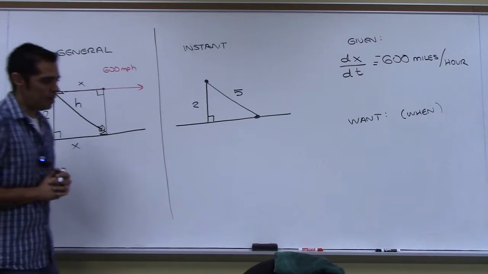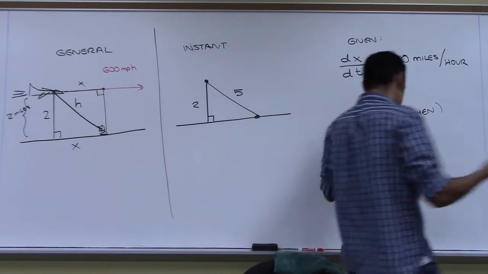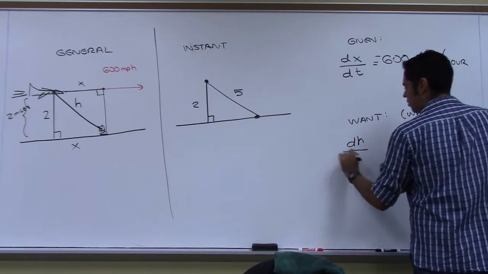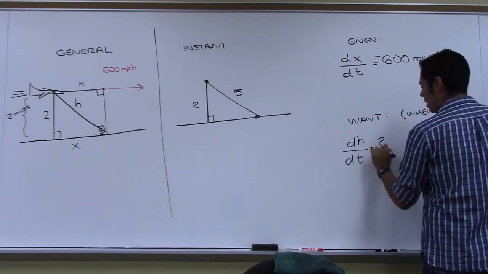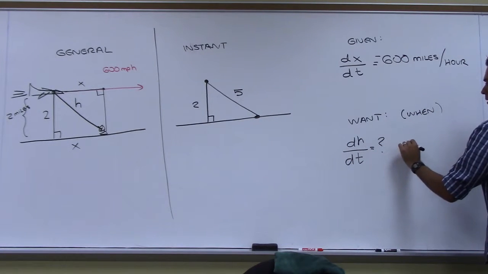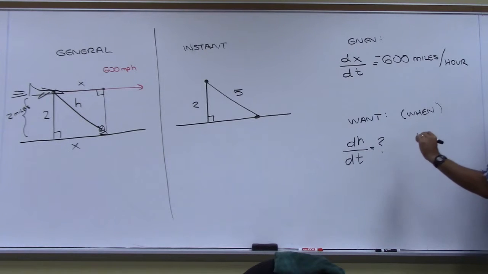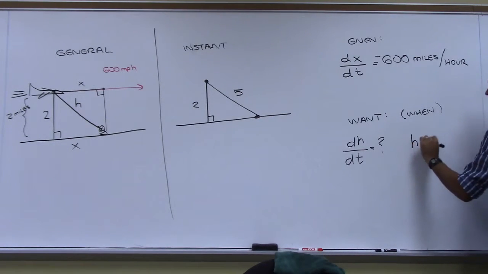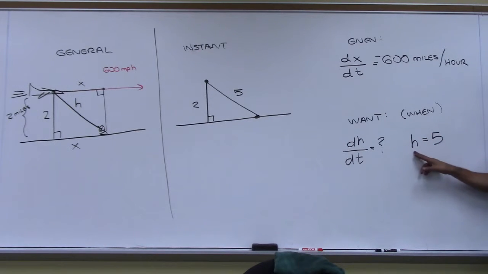What is it that I want? I want dh dt. Is h in my picture? Absolutely. When is it that I want it? At 5? At what 5? At h equals 5. Again, we need to specify what it is at a moment in time, what variable it is that we know. h is in my picture.